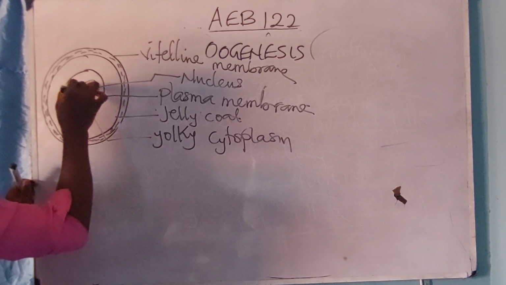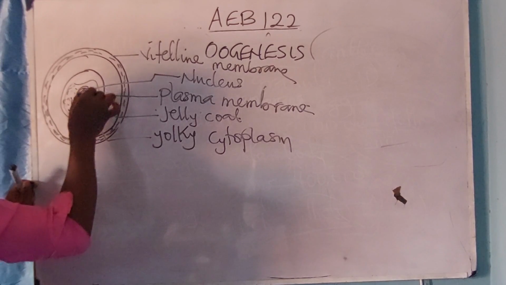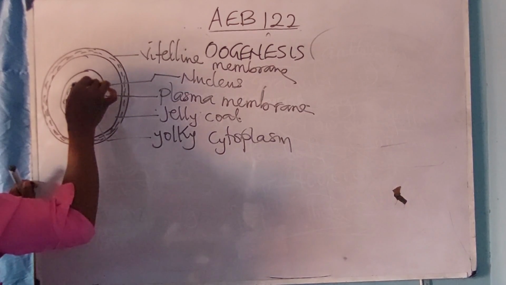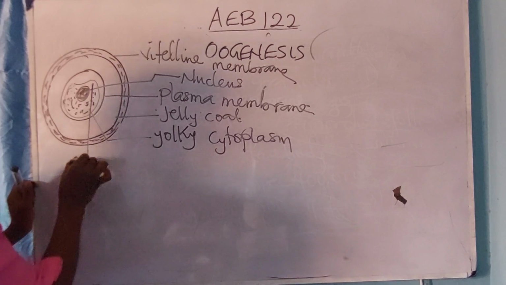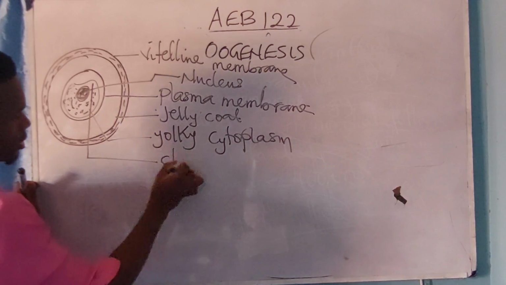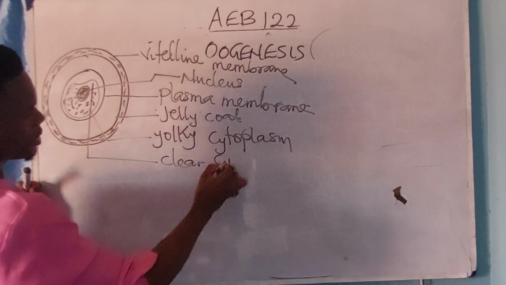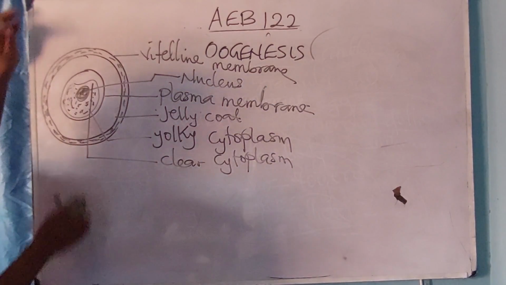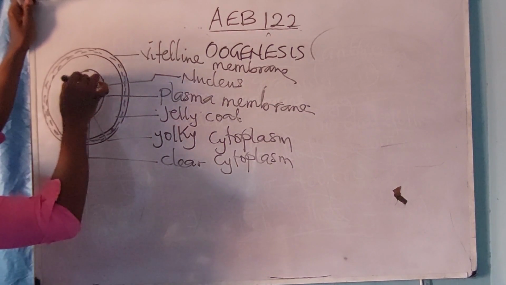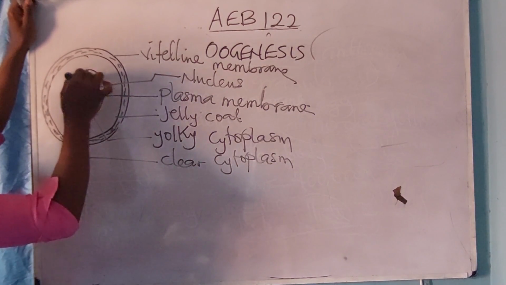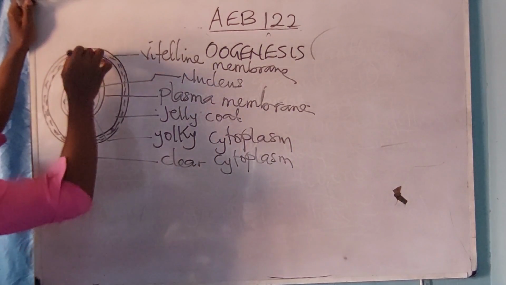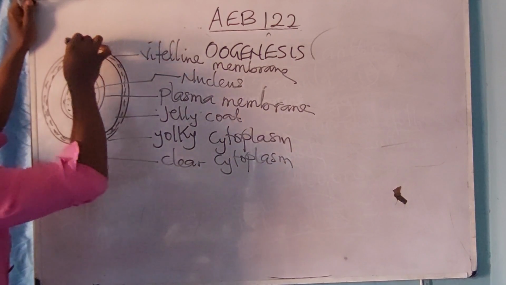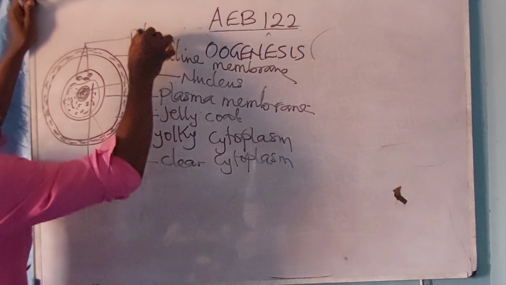Okay, this part that does not have yolk, this part is called what? Clear cytoplasm. Alright, then this other one is these two bodies here. We call them the polar bodies.